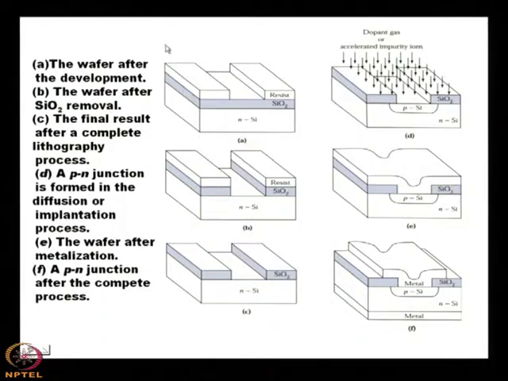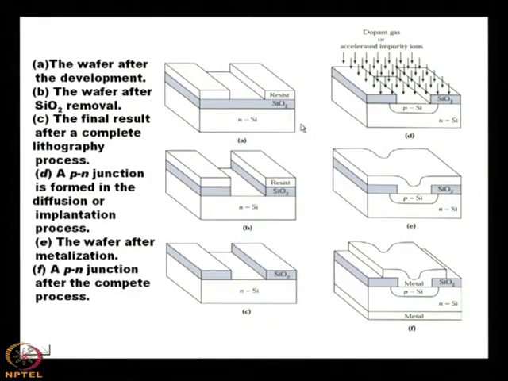So, there will be three areas. In the first area there will be no hardening, in the middle portion there will be hardening, and on the third portion, the right side, there will be no hardening. So, there will be three regions of this planar geometry; this is known as the planar geometry.